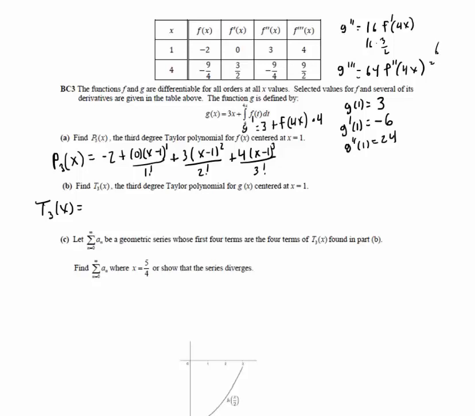So this will be 64 times negative 9/4, which is why you want to have a calculator handy. So 64 over 4 is 16, and 16 times 9 is 144, and it'll be negative, so g triple prime at 1 is equal to negative 144.